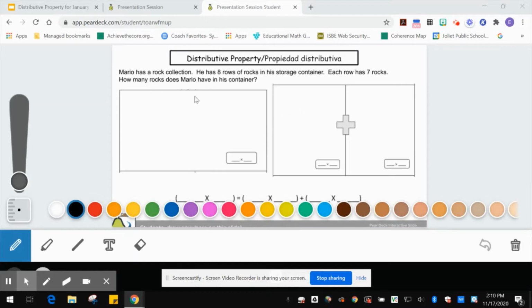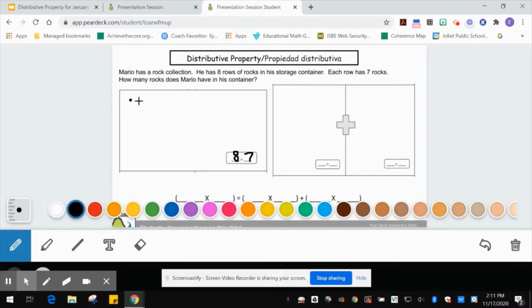So in this problem, it says that Mario has 8 rows of rocks. So the first part of the problem, Mario has 8 rows of 7 rocks each. So students would begin by building an array that is 8 rows of 7.